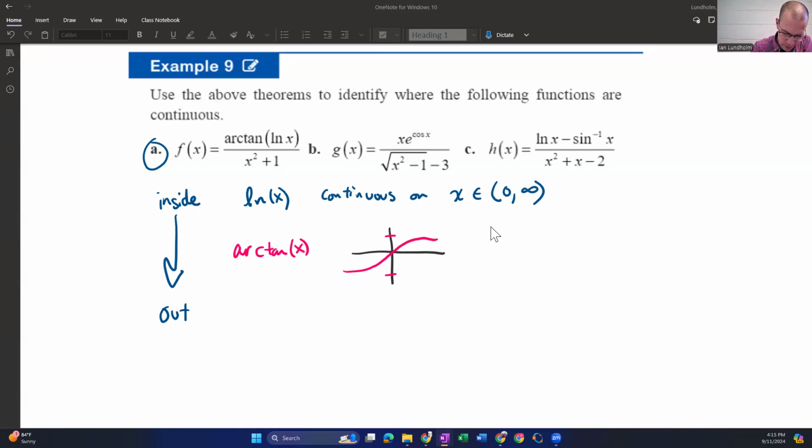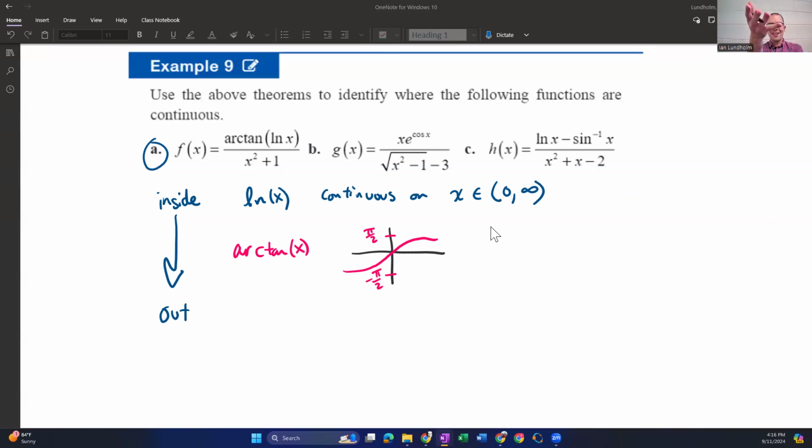And it has a top and bottom bound at pi halves and negative pi halves, or maybe it's 1 and negative 1.